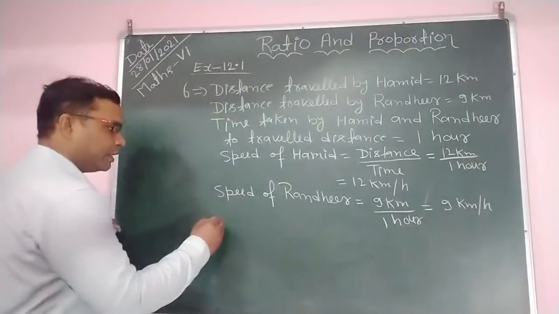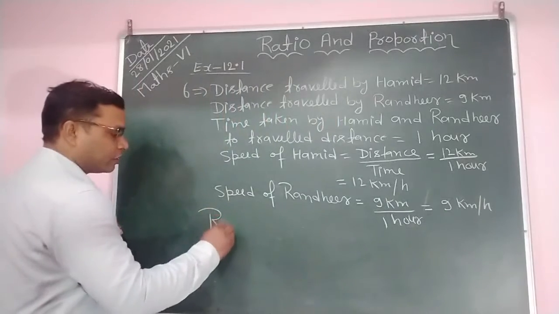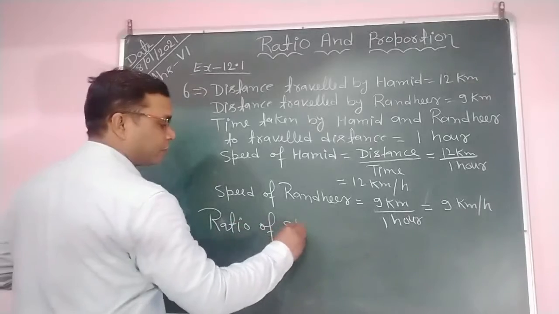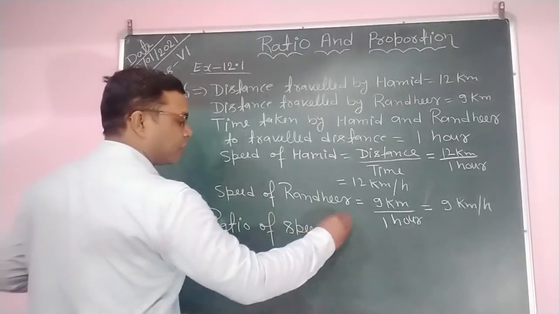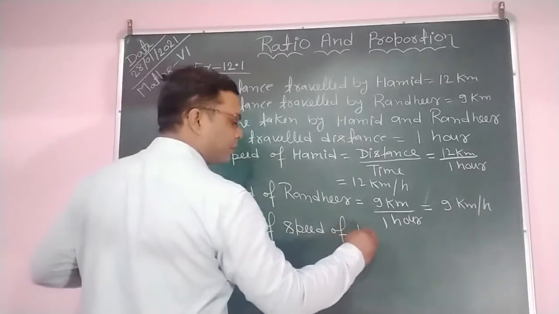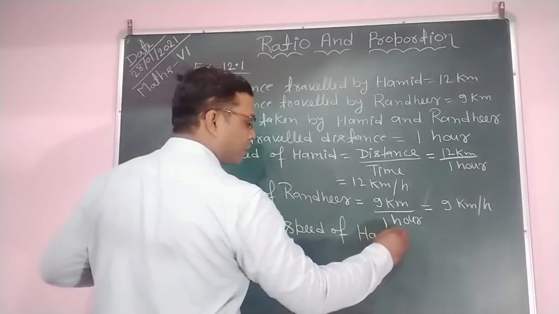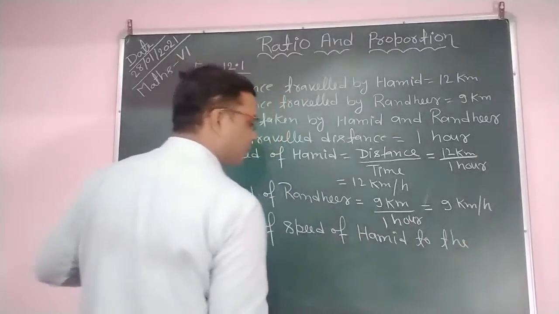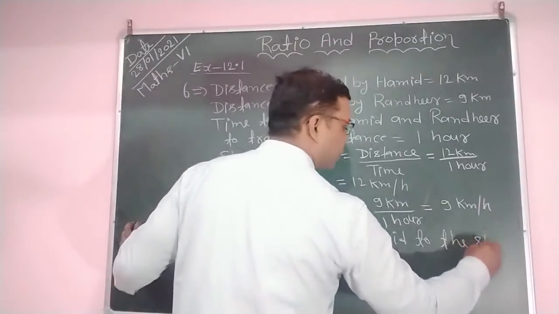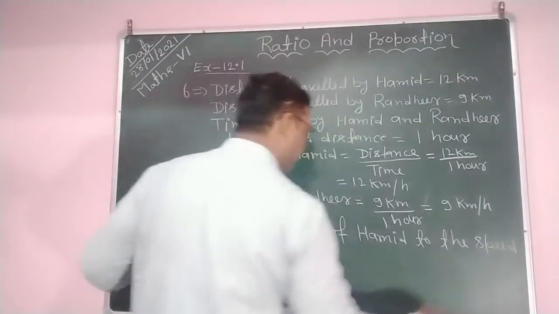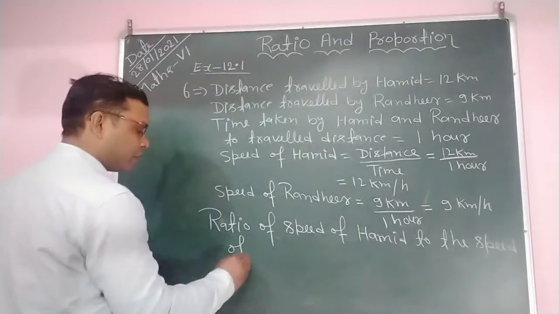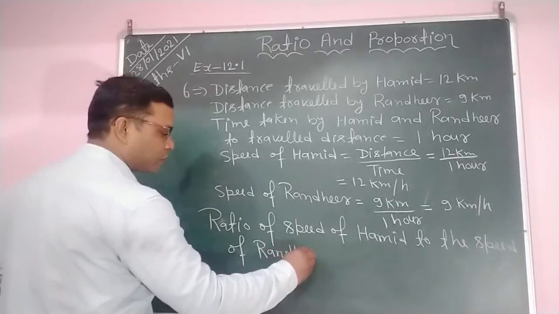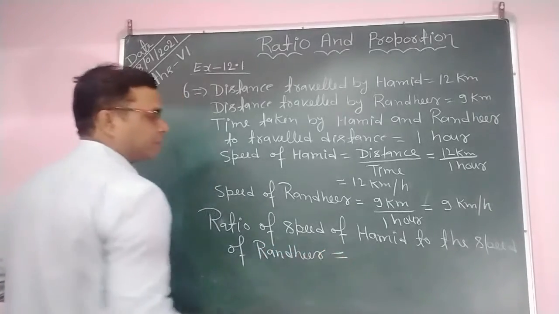Now we need to find the ratio of the speed of Hamid to the speed of Randhir. Okay, so here you write: ratio of the speed of Hamid to the speed of Randhir is equal to what?